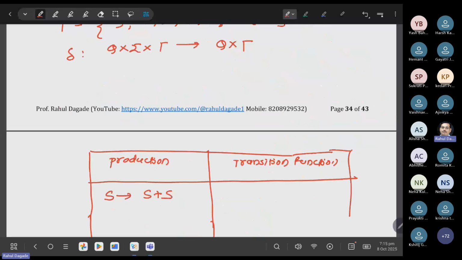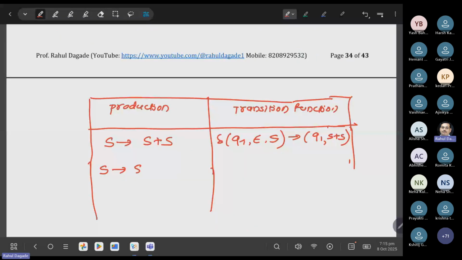Now we have another production, S gives S into S. For that we added a transition function delta Q1, null, S gives Q1, S into S.